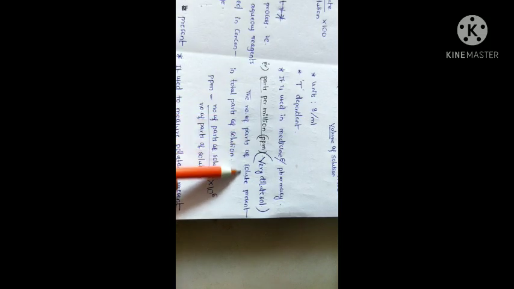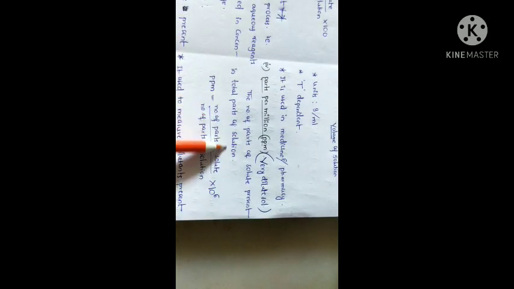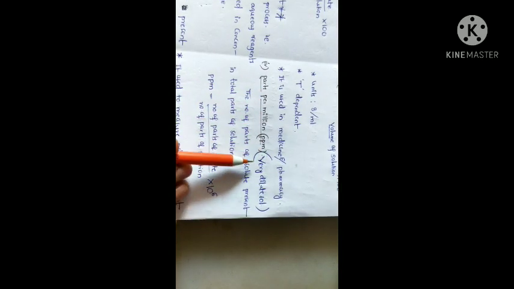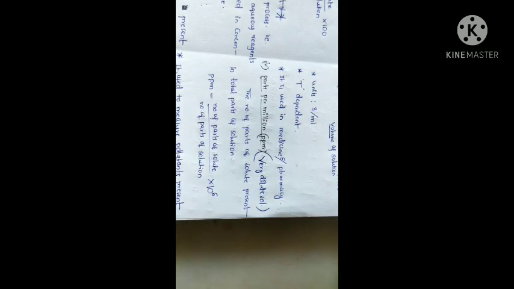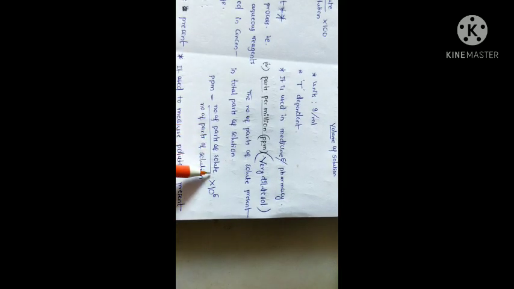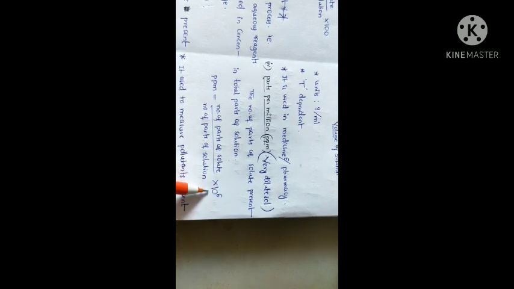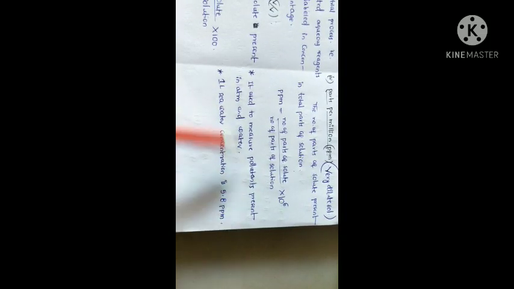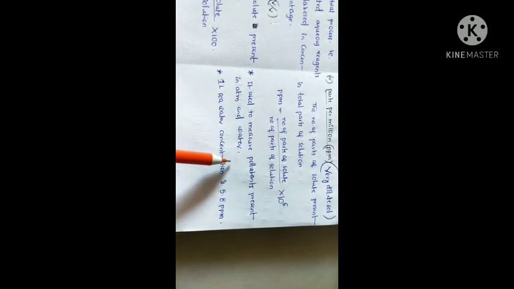The number of parts of solute present in the total number of parts of solution is called parts per million. So number of parts of solute divided by number of parts of solution, times 10 to the power of 6, which means million. It is used to measure pollutants present in the atmosphere or water.